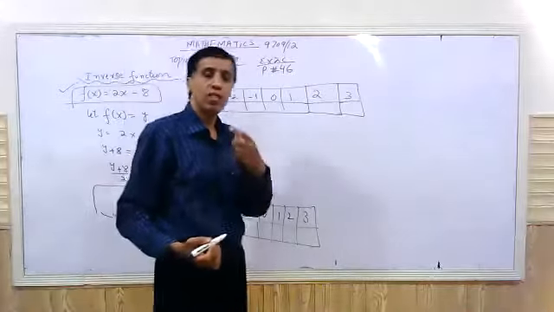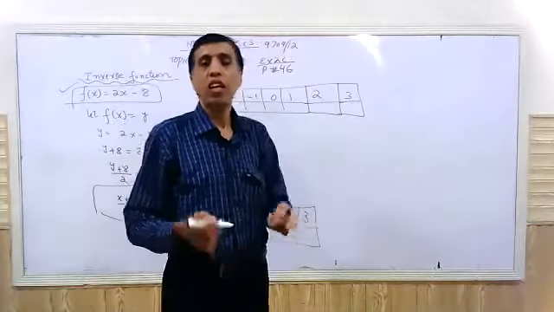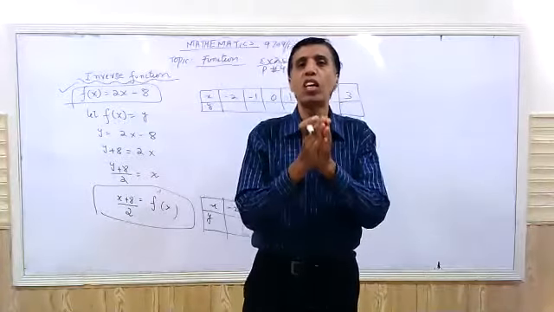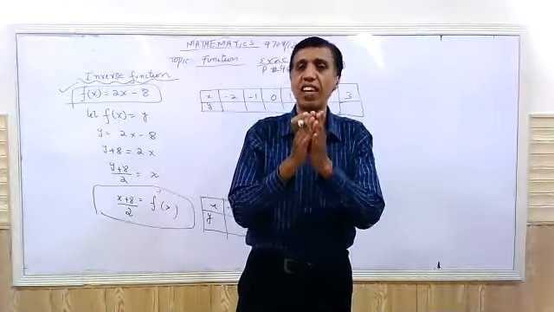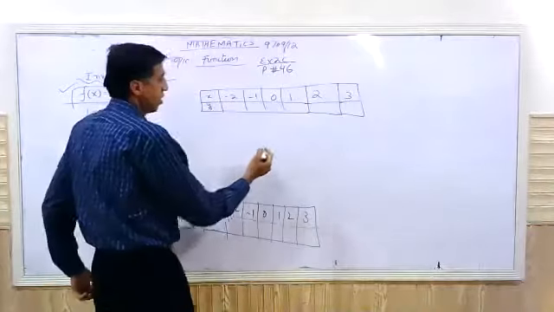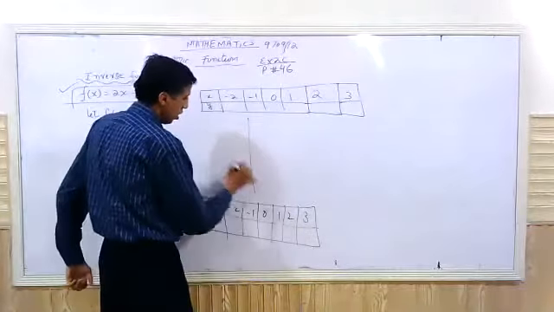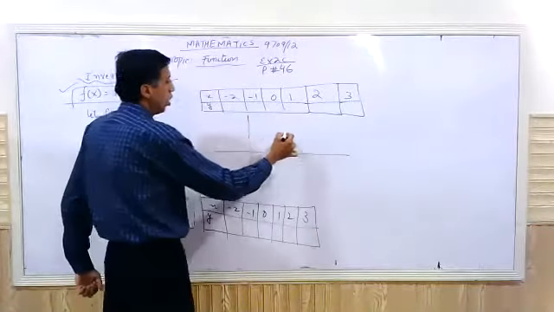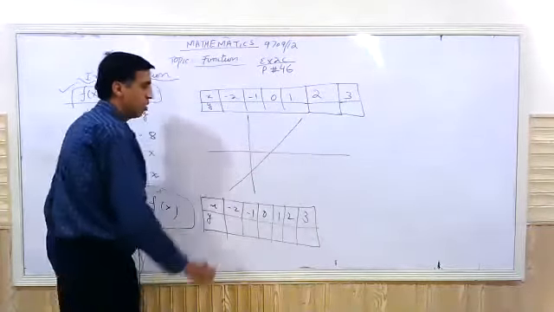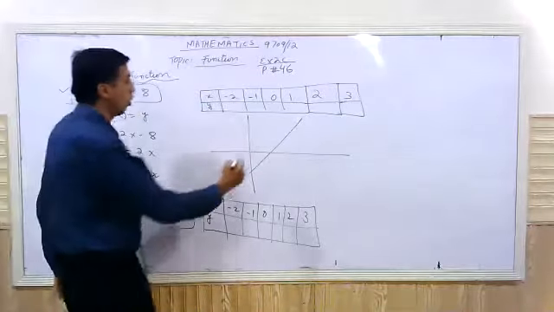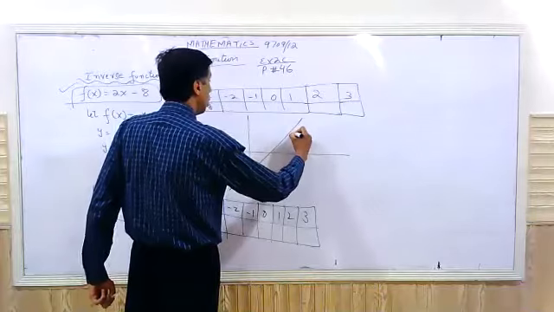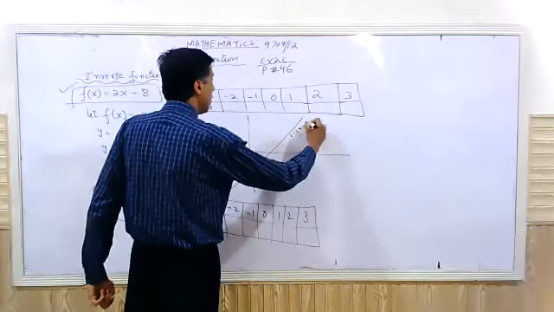Obviously, this is the equation of a straight line, and you will get two straight lines. These two straight lines will intersect at a point. Just like, 2x minus 8. Suppose this is one of the lines, y is equal to 2x minus 8.